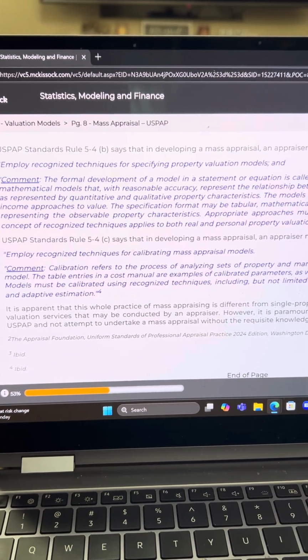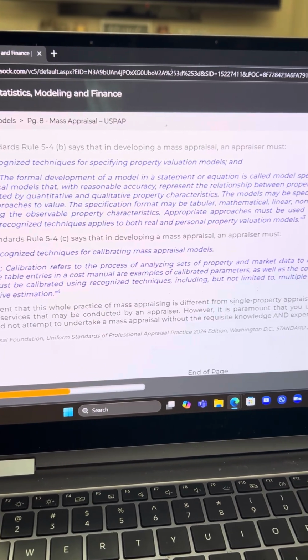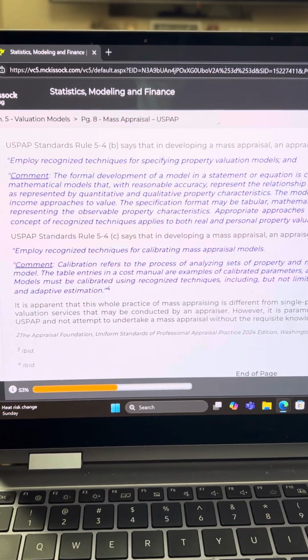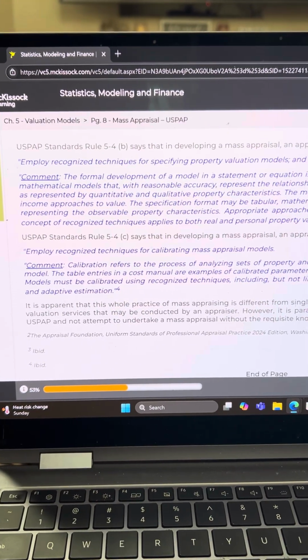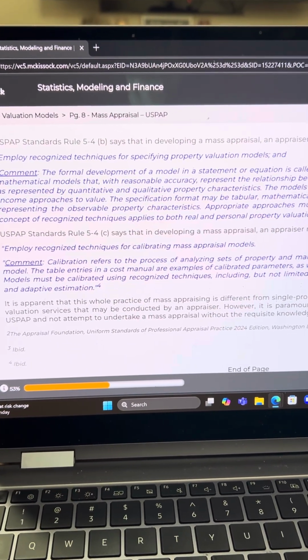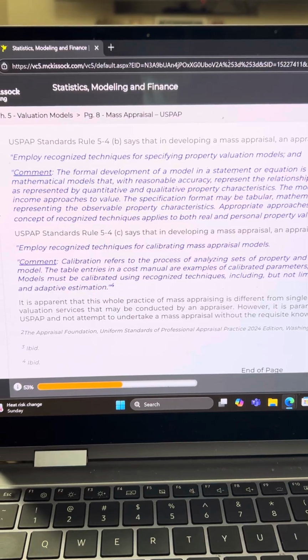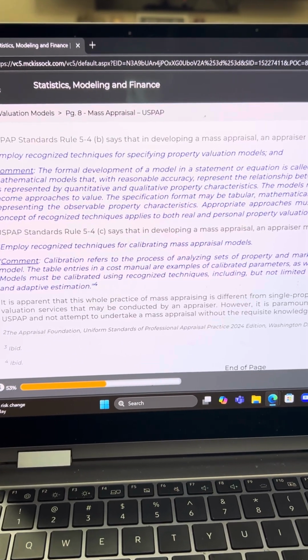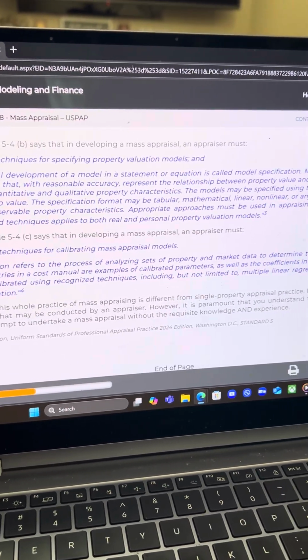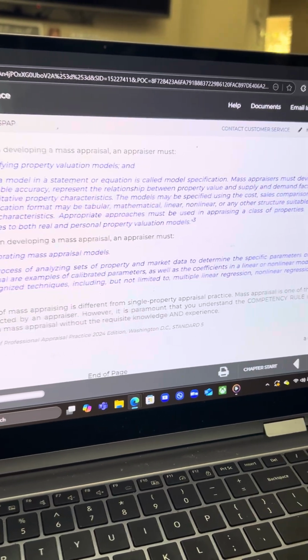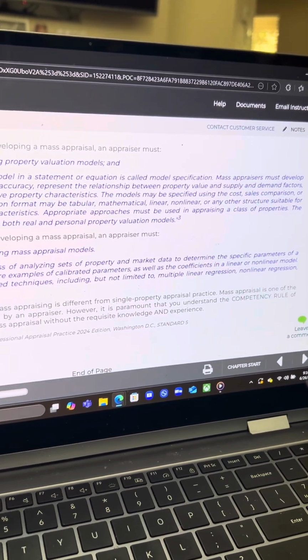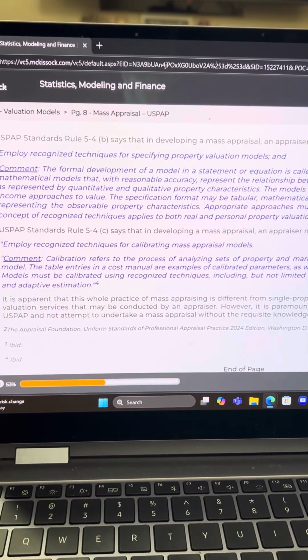USPAP Standards Rule 5-4C says that in developing a mass appraisal, an appraiser must employ recognized techniques for calibrating mass appraisal models. Comment: calibration refers to the process of analyzing sets of property and market data to determine the specific parameters of a model.